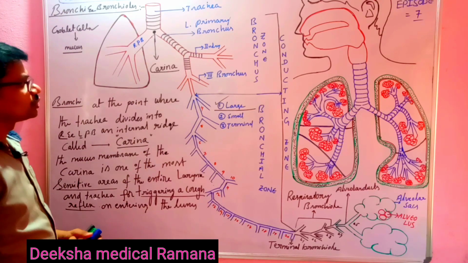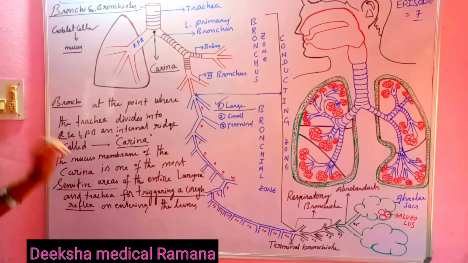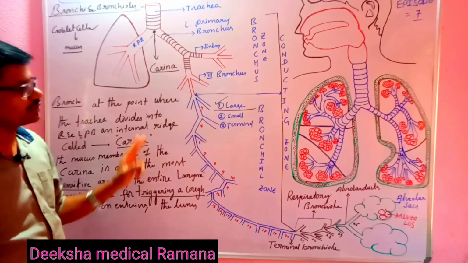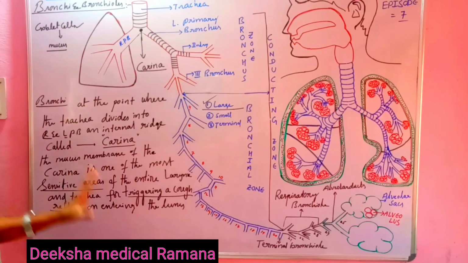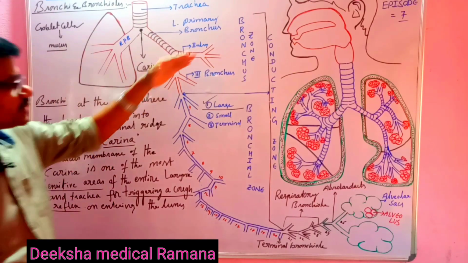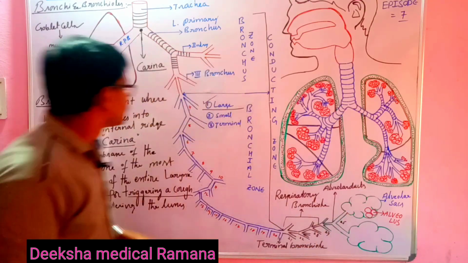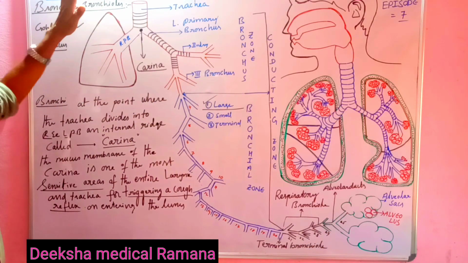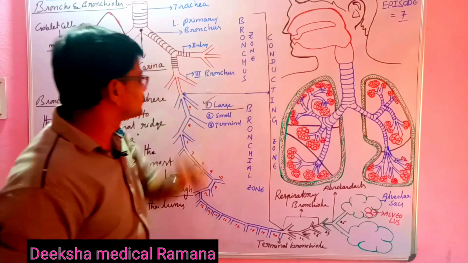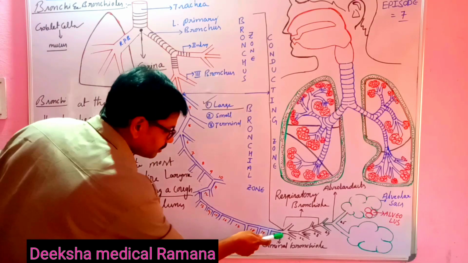Finally, we conclude by looking at this picture. There are two important zones in the respiratory system: the conducting zone and the respiratory zone. The conducting zone starts with the external nostrils and ends with the terminal bronchiole.